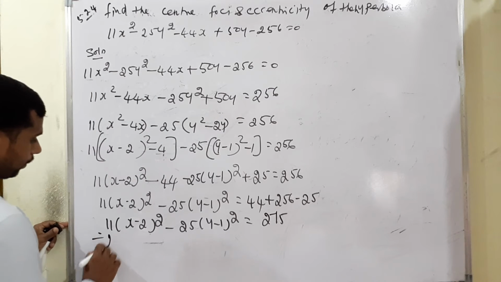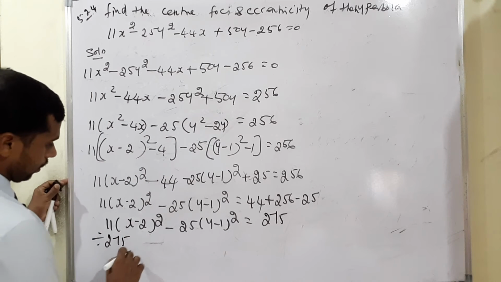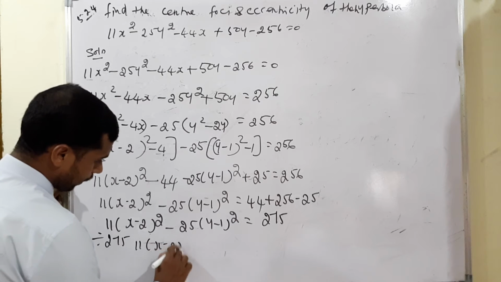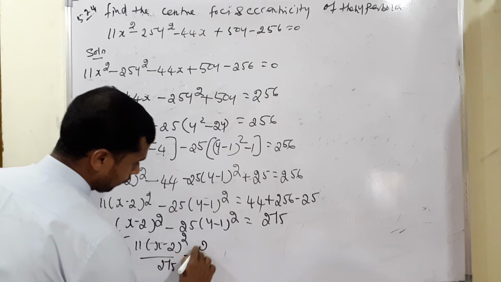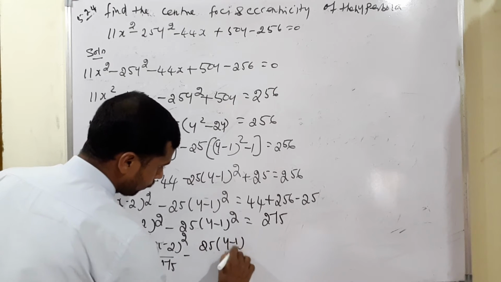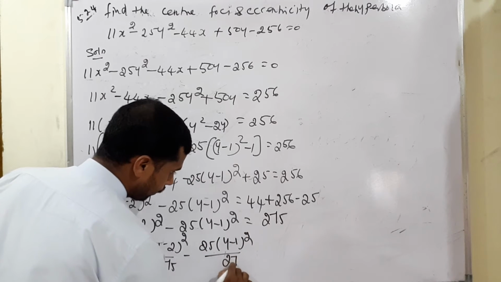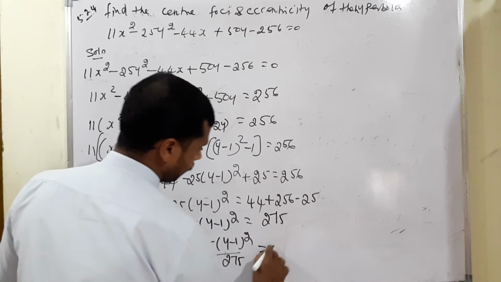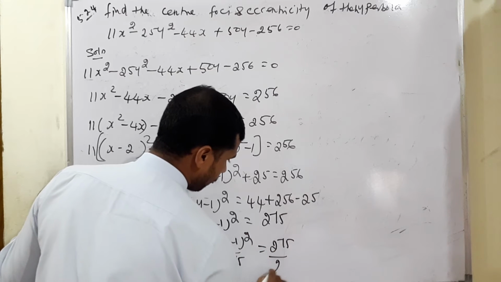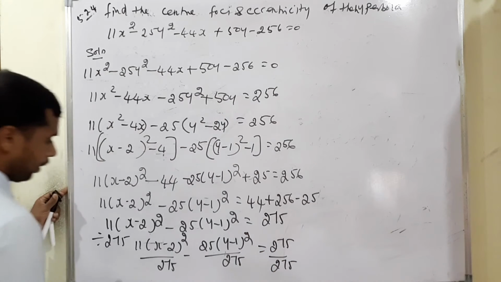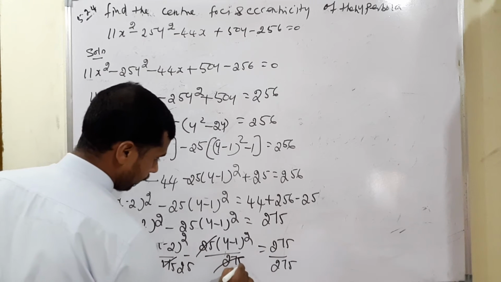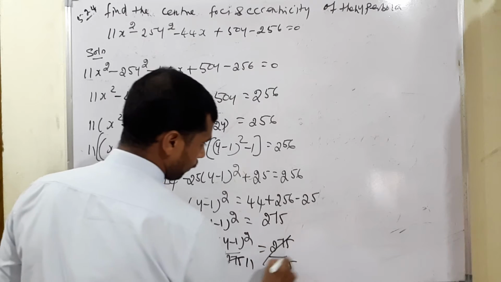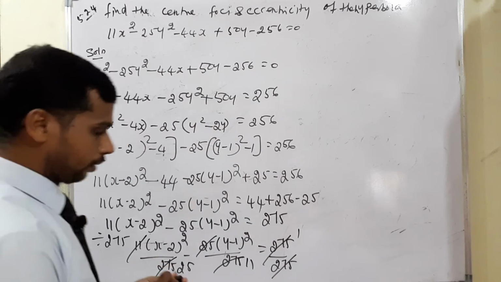Each and every term divided by 275 means 11 into x minus 2 the whole square divided by 275, minus 25 into y minus 1 the whole square divided by 275 is equal to 275 divided by 275. Again 11 and 275 means 25 times. 25 and 275 means 11 times. Again 275 cancel means 1.